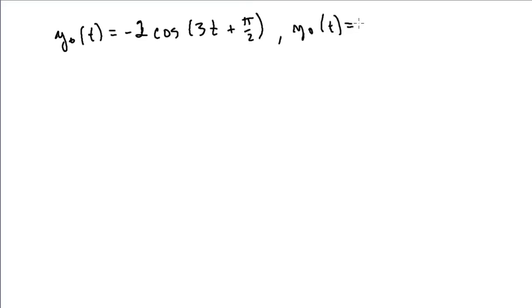So one form of the solution would be y0 of t is minus 2 cosine of 3t plus pi over 2, and then the other form was actually y0 of t is 2 cosine of 3t minus pi over 2.